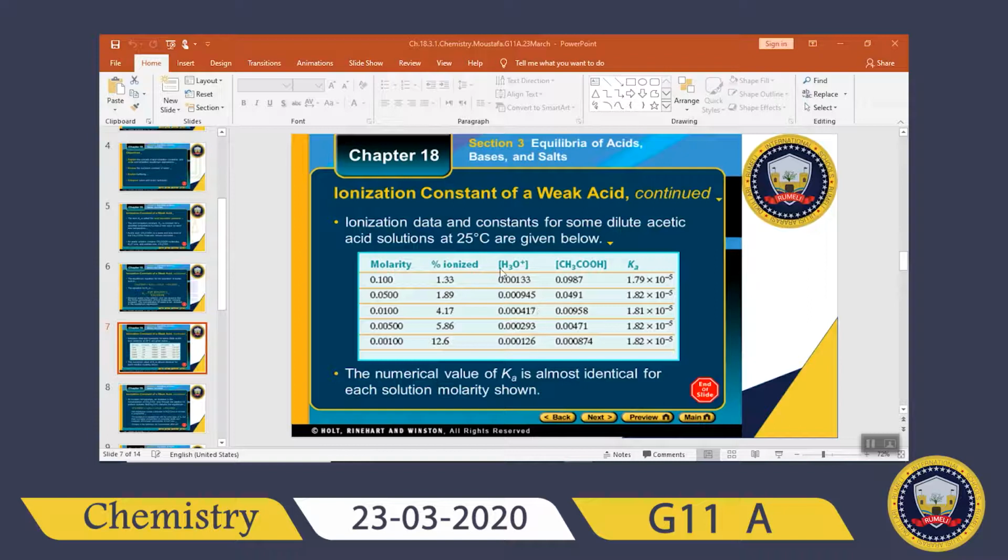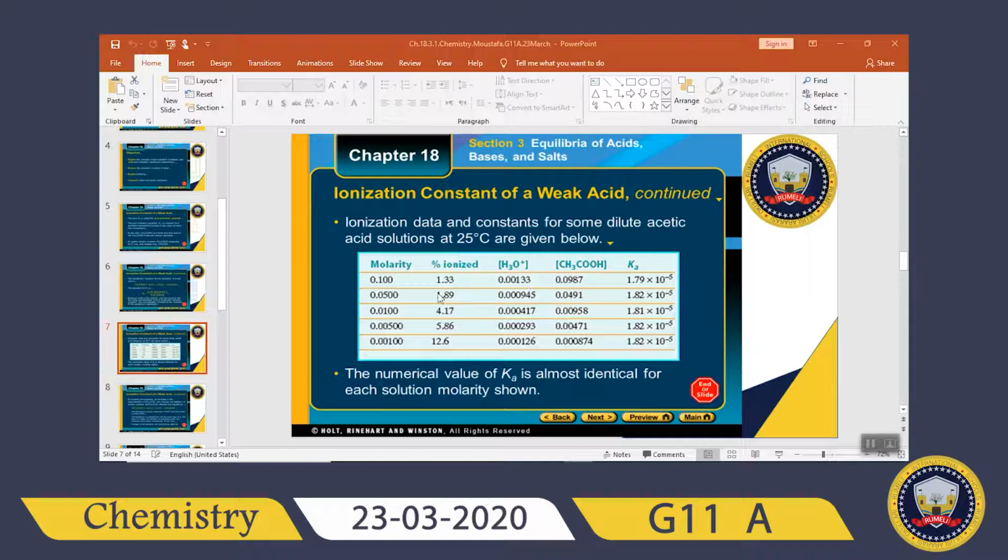Now here you also have the product, which is the hydronium ion. You have a high concentration of the hydronium ion and also a high concentration of acetic acid.